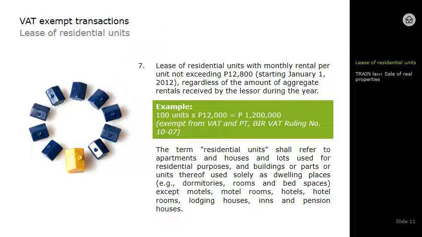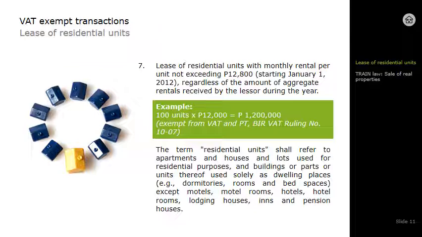Okay? So, to be exempt, the monthly rental per unit, residential unit, should be 15,000 pesos a month for each unit, and the annual gross receipt of the lessor should exceed 3 million. Should exceed 3 million to be vatable.